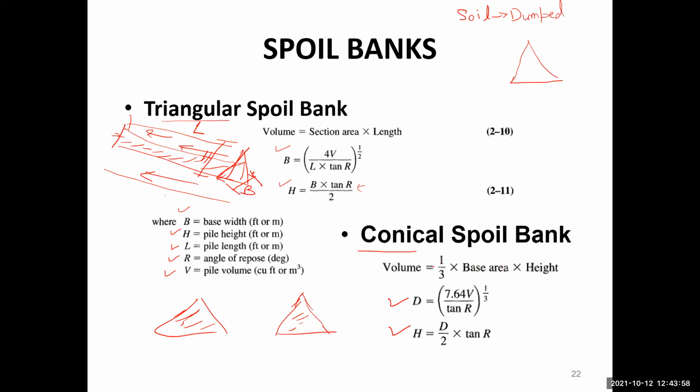So the base area will be pi d square by 4. So pi by 3 times that, if we just divide those values of pi, we can get the factor 7.64 and multiply it by the height. So from here we can find the base diameter.